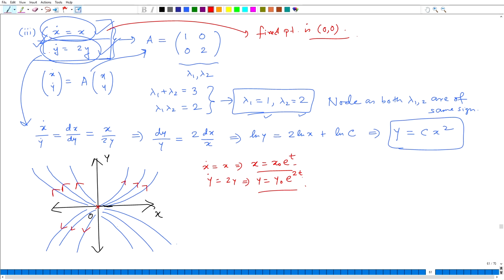And unless your t is minus infinity, you cannot reach the fixed point, and that is why this fixed point is still unreachable by these trajectories. Now, this trajectory is badly drawn, it should be like this, and it should also be like this. So, although very close to the fixed point, it can never reach the fixed point. Such a thing is simply an unstable node.